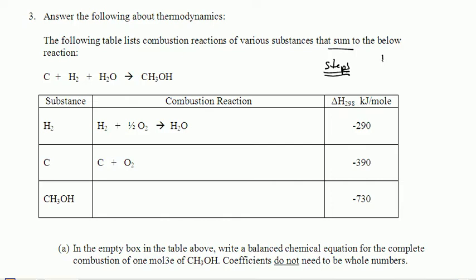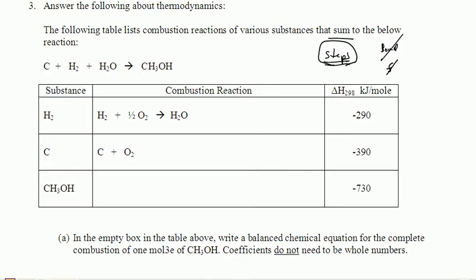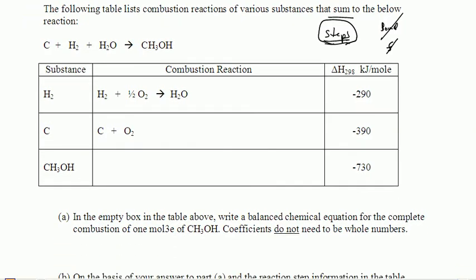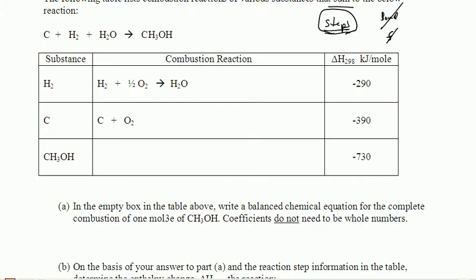Notice I do not see the word bond anywhere, and I do not see a little f anywhere. So, we're going to use our reaction step process in order to figure out the delta H, even before we begin. And it tells us that this is the overall reaction.